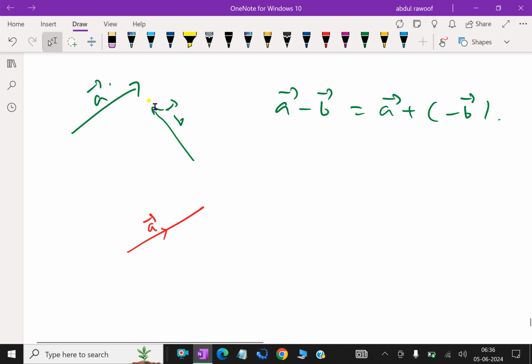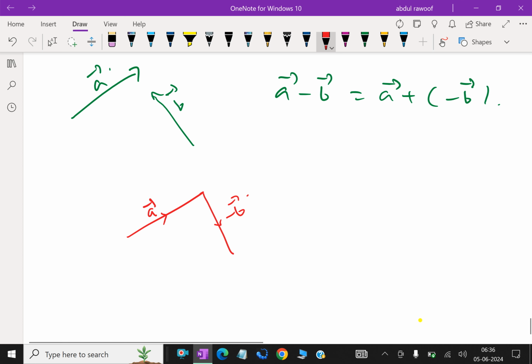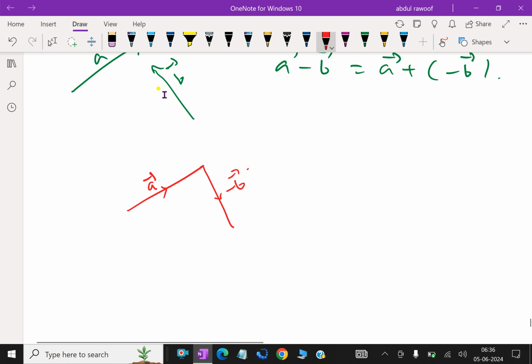Here, suppose this arrow is here, the same parallel, and you have to draw negative vector B, because this is a positive vector B, the same parallel and same magnitude in the opposite direction.